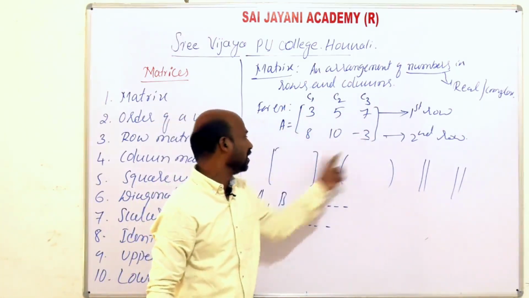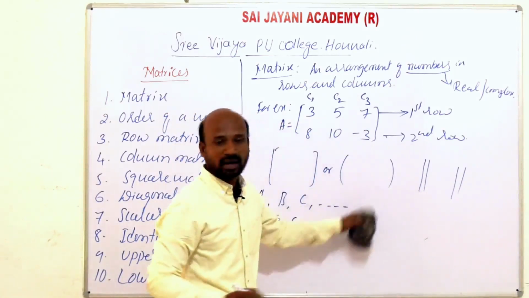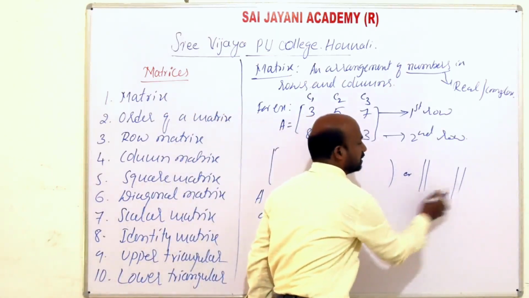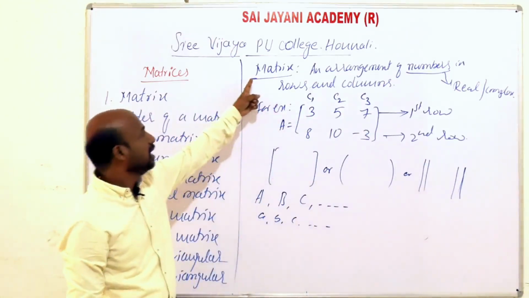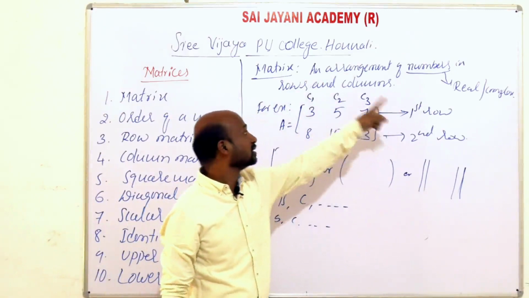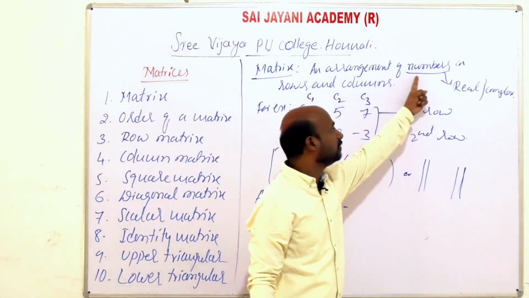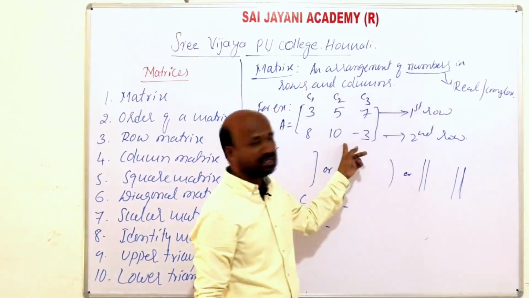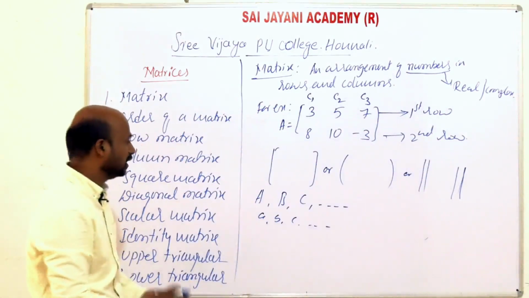It means that we can use a square bracket or a small bracket, or we can represent the matrices by this one also. Again, a matrix is an arrangement of numbers in rows and columns, and the entries in the matrices are either real numbers or complex numbers.